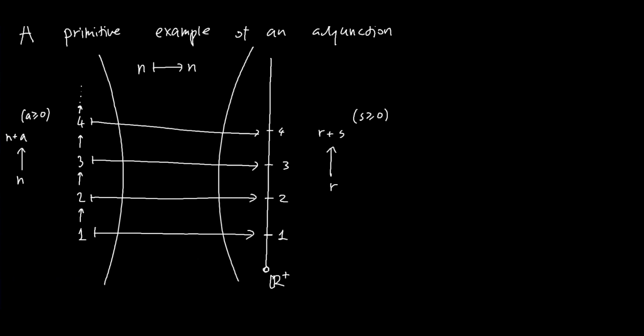Let me see. Okay, let's all think together if that will work. No, it will not work, because in some cases you'll be going up, in some cases you'll be going down, and we need to have a natural transformation that has a universal direction.